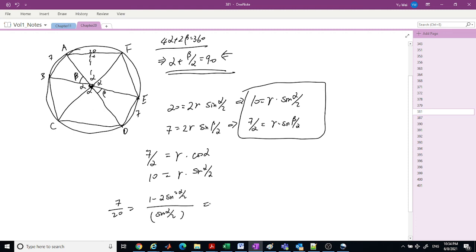Now you can solve the equation by setting this as x. So 7x is equal to 20 times (1 minus 2x squared). So you have 40x squared plus 7x minus 20 equals 0.